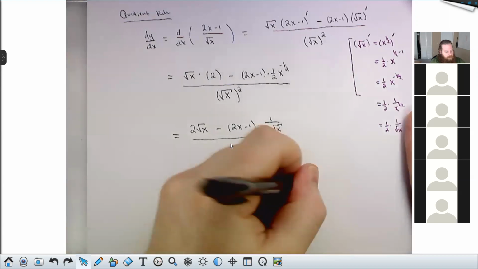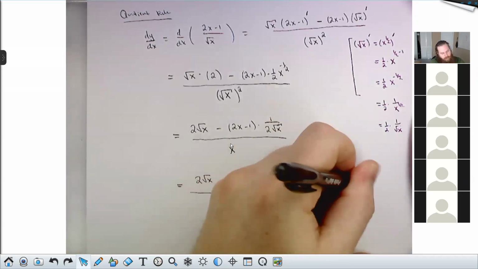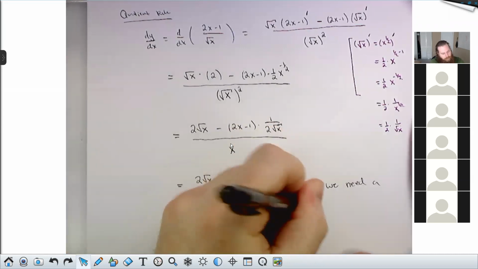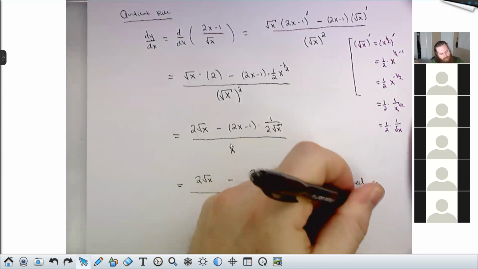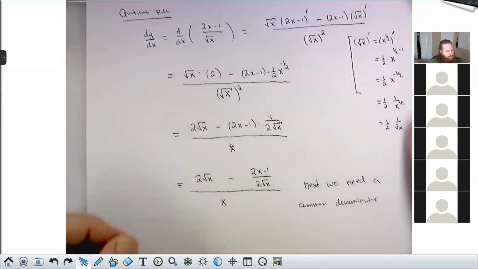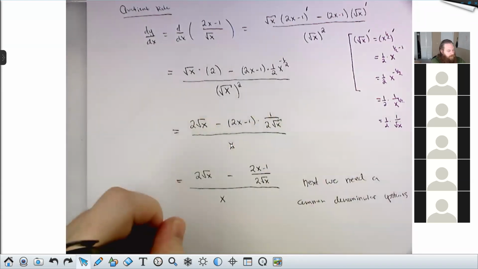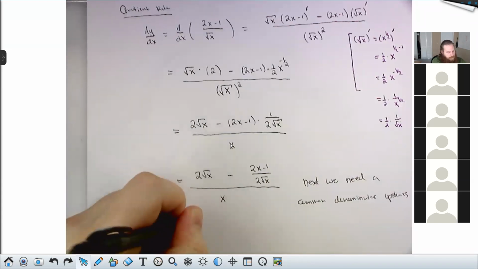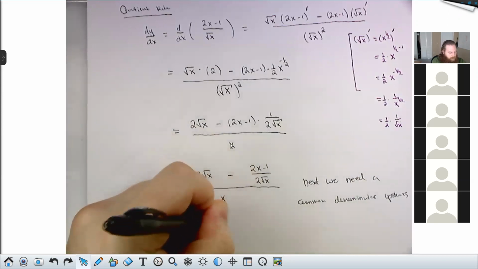So my next step, we need a common denominator upstairs. So I would multiply 2 root x top and bottom by 2 root x, because that's what's missing from this denominator.